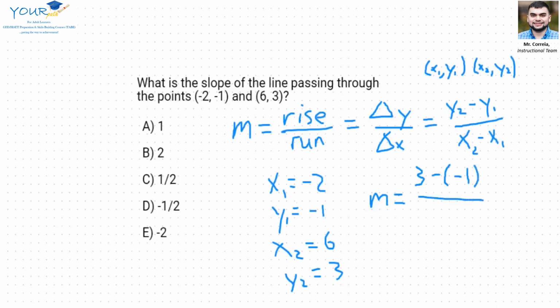In the denominator, we're going to run into the same issue. x2 is 6, and we're subtracting x1, which is -2. So we have to be careful that we're writing 6 minus (-2).